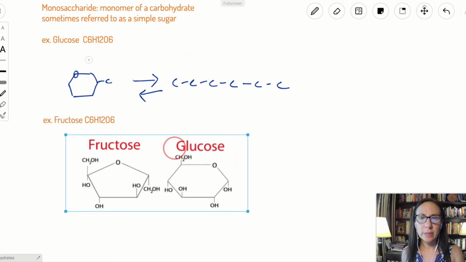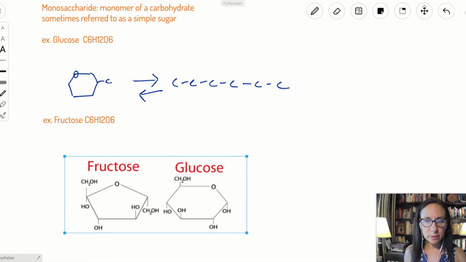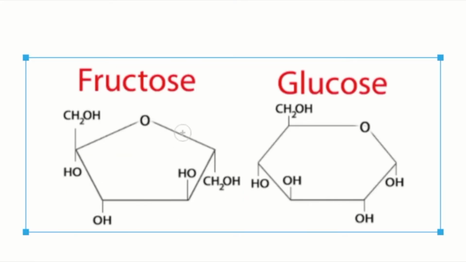So here is a picture of fructose, and it's also shown as a carbon ring. And this is a picture of glucose, okay? In the glucose carbon ring, you have an oxygen, and then you have a carbon attached to one of the carbons. So these are both considered monosaccharides or a simple sugar.